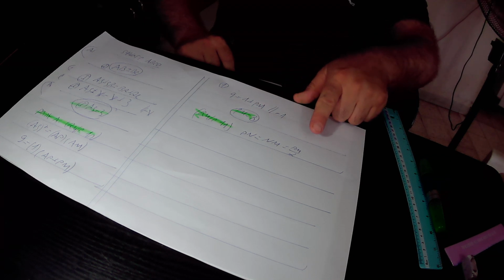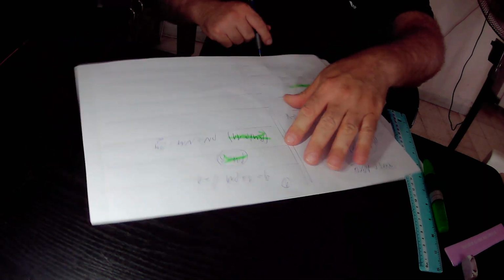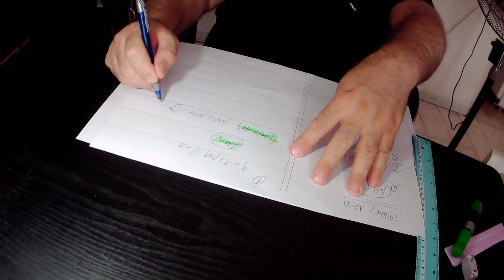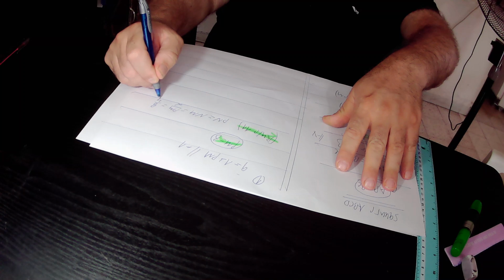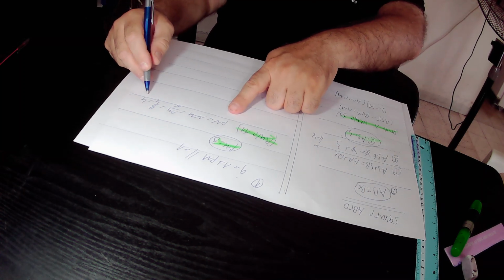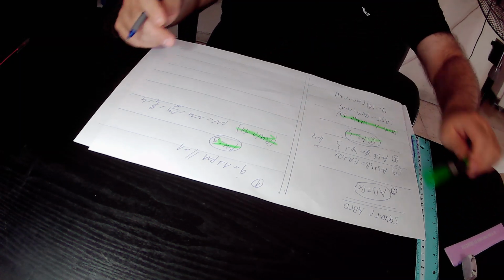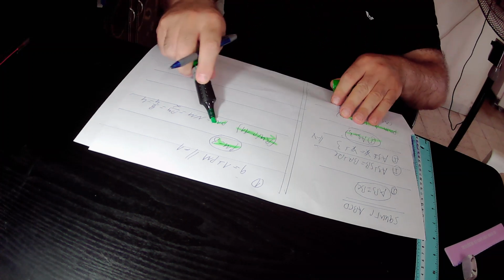Therefore PM over 2 is 8 over 2, that is 4. So from this equation, we derive that PN equals 4 units in its length.